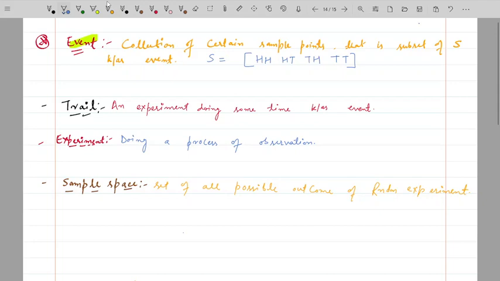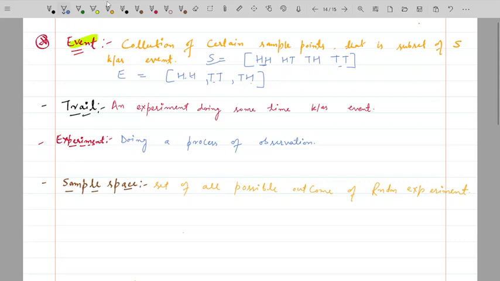So what is an event? If you again toss two coins simultaneously and you get head head, tail head, and tail tail, these outcomes form the event, and they are a subset of the sample space S. Each of these outcomes is also present in the sample space.